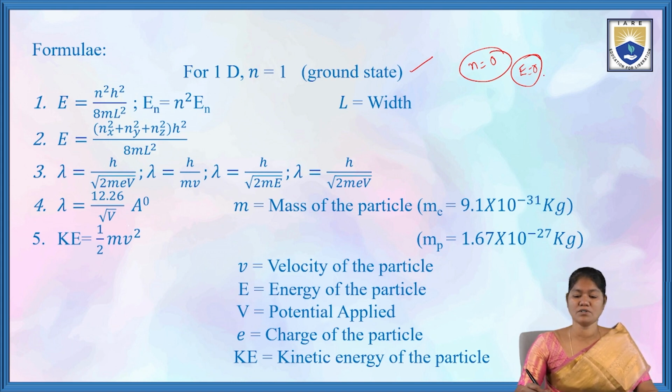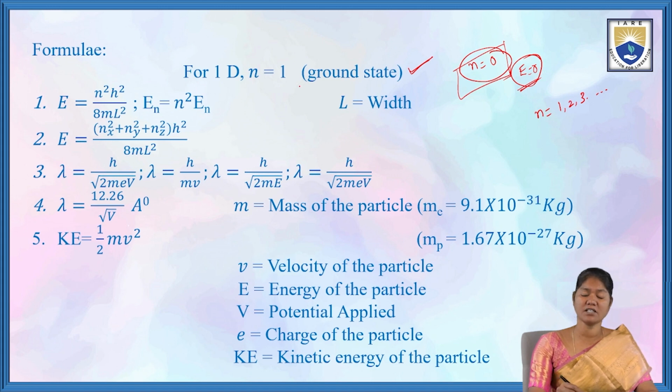So there is no zeroth energy level; the particle energy will not be zero inside the potential box, so n equals 0 does not exist, and n equals 1. That's why we take n equals 1, 2, 3 and so on. If n equals 1, it tells about the ground state.